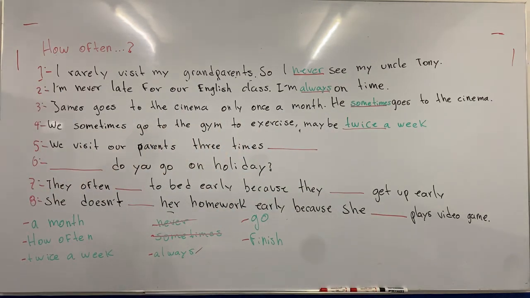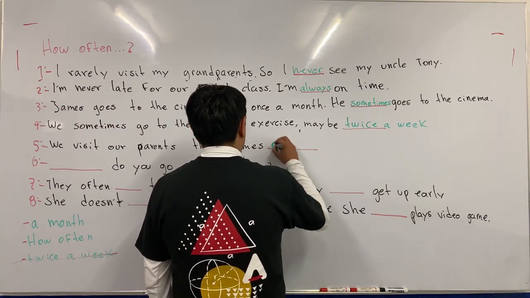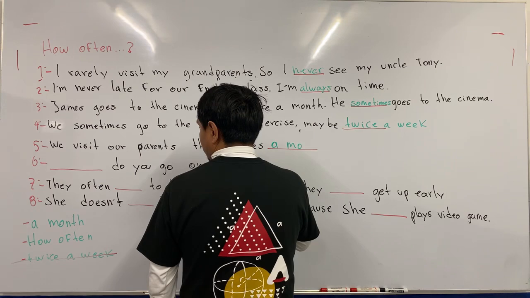Right? Twice a week. 5. We visit our parents 3 times a month. A month, no month, month.